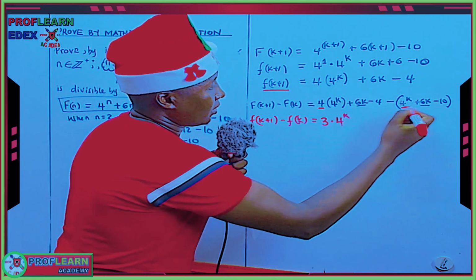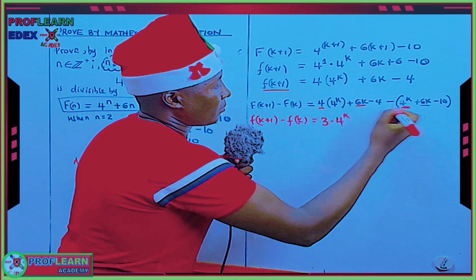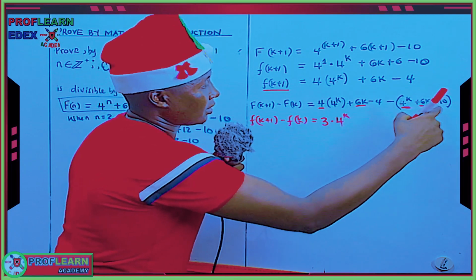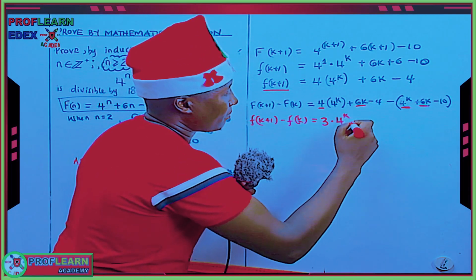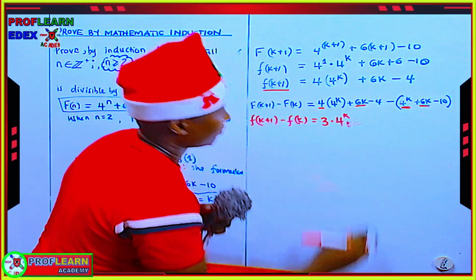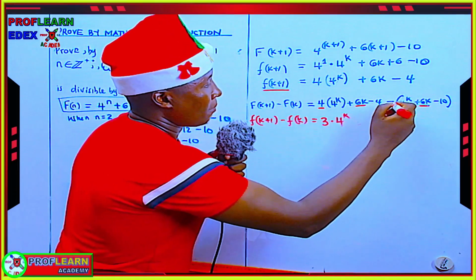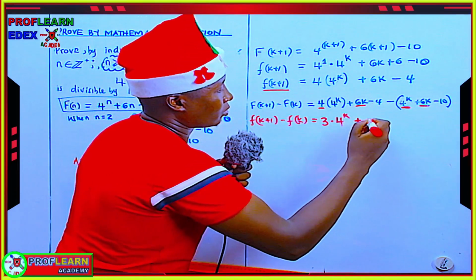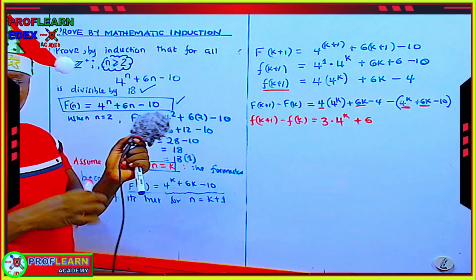But this one and this one will cancel out, so this term and this term will cancel out, but this and this one will become minus 4 minus minus 10, then we are going to get positive 6 at this point, right?